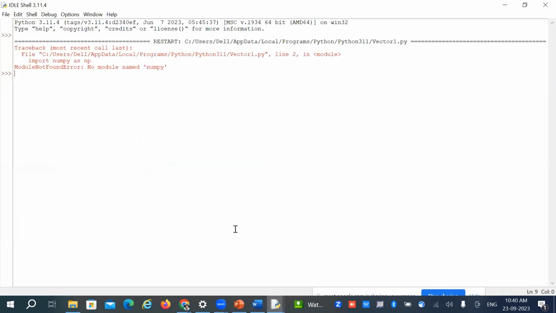Module numpy: import numpy as np. Numpy is not there, so module not found. We need to install numpy using pip install numpy. That should be done in the command line, I think. Okay, we should install that.